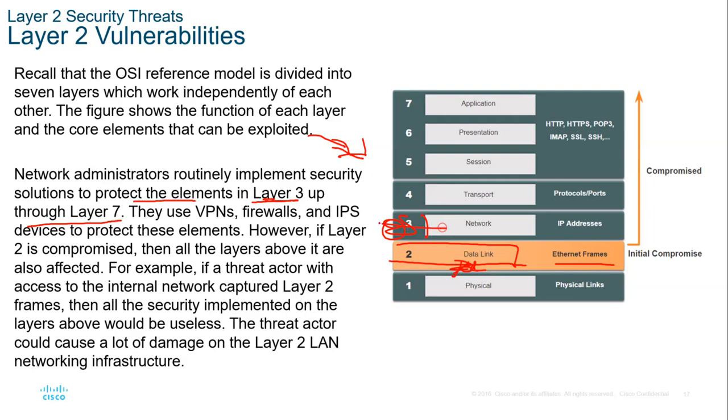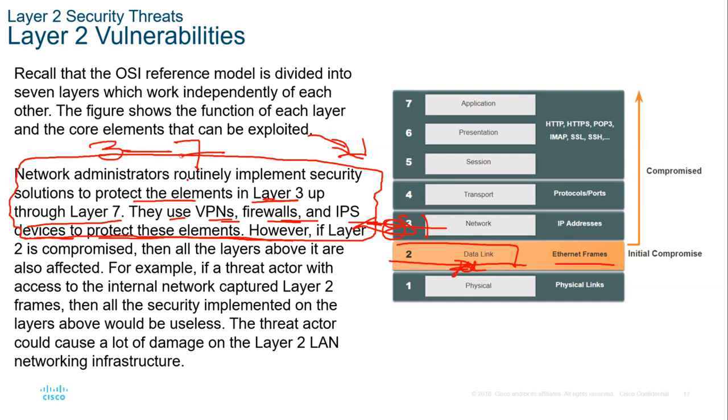Where is the network layer? It's this, through this. So they use VPNs, firewalls, and IPS devices to protect these elements. The security configurations are done starting from layer 3 through layer 7.